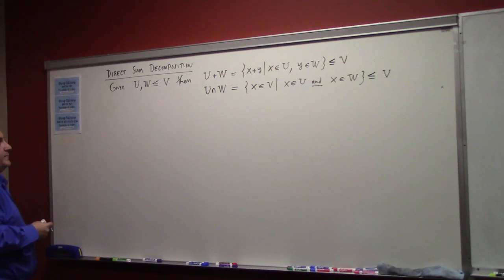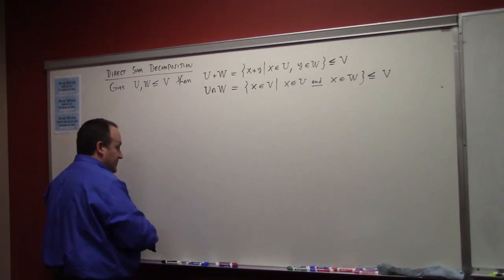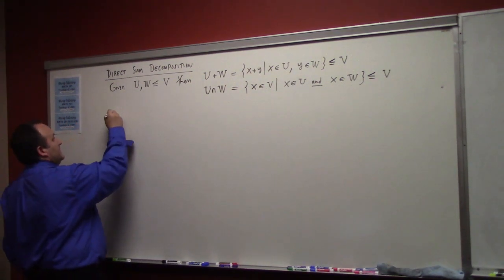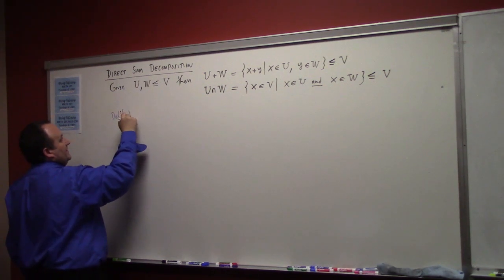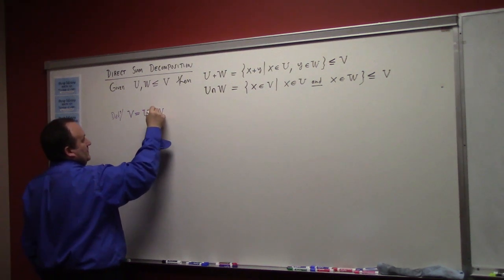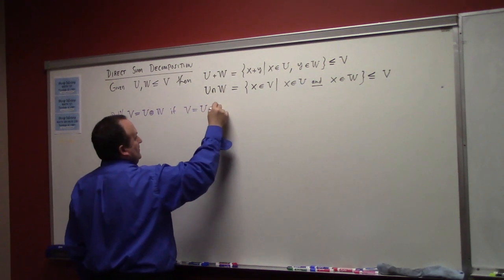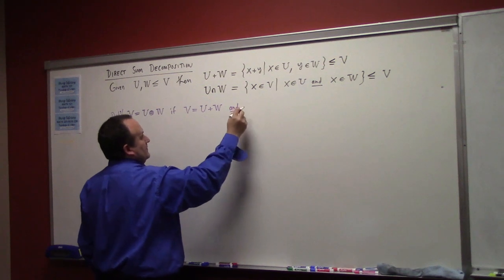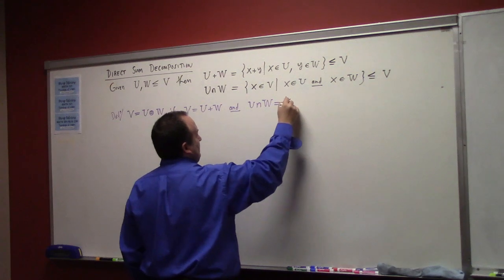So a typical definition, this was in my linear algebra course. I think it's in most linear algebra courses. Definition: V is equal to U direct sum W if V is equal to U plus W and U intersect W is just the zero subspace.